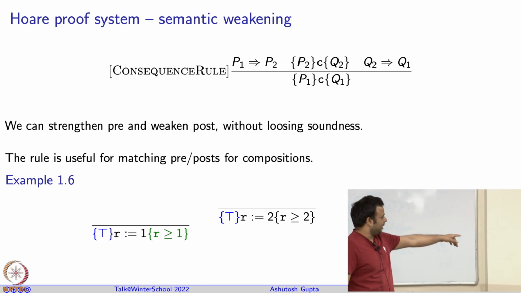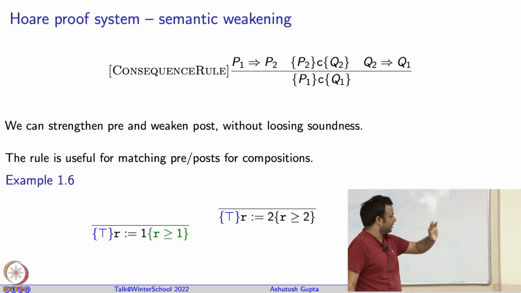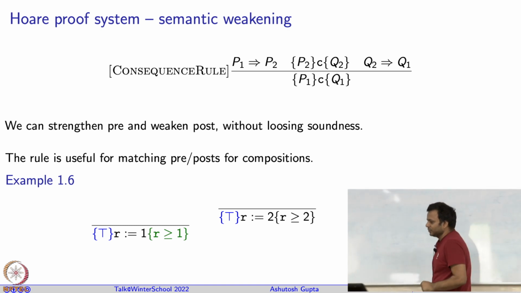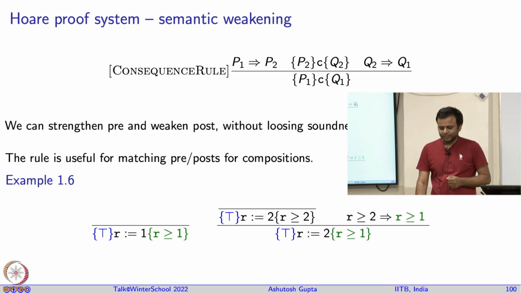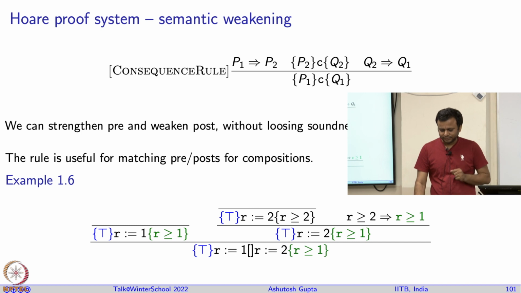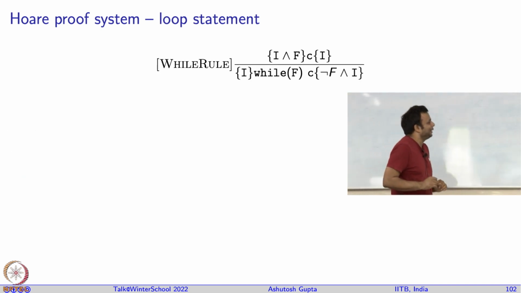R is equal to 1, then you get R greater than or equal to 1, and R equals 2, then you get R greater than or equal to 2. You see that they are not matching. If you want to match them, basically you weaken them. Oh man, it's a wrong example. Sorry, let's ignore this. Ignore the example.